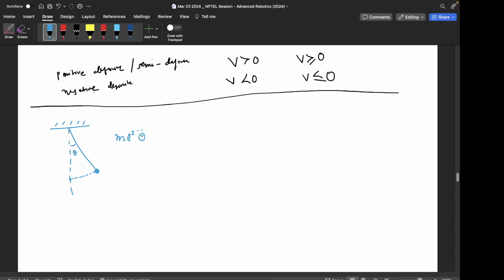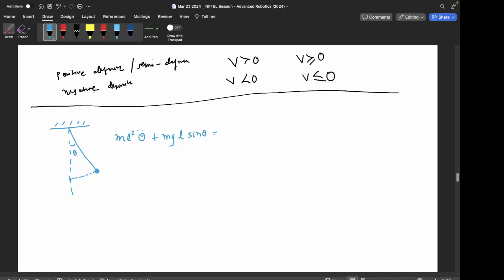So ml square theta double dot plus mgl sine theta. Till here you would be familiar, and this is the standard case when there is no energy dissipation. This is the ideal case where if you swing the pendulum once, it will keep on swinging.